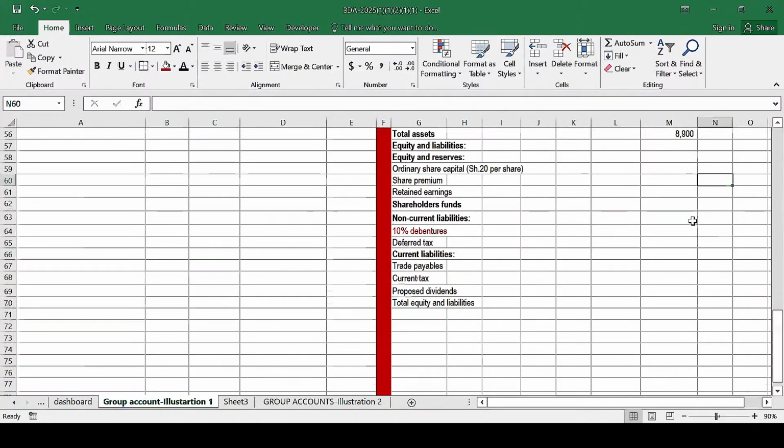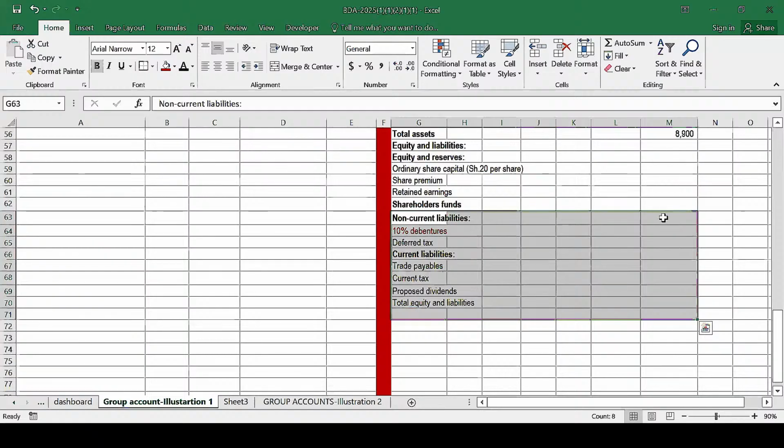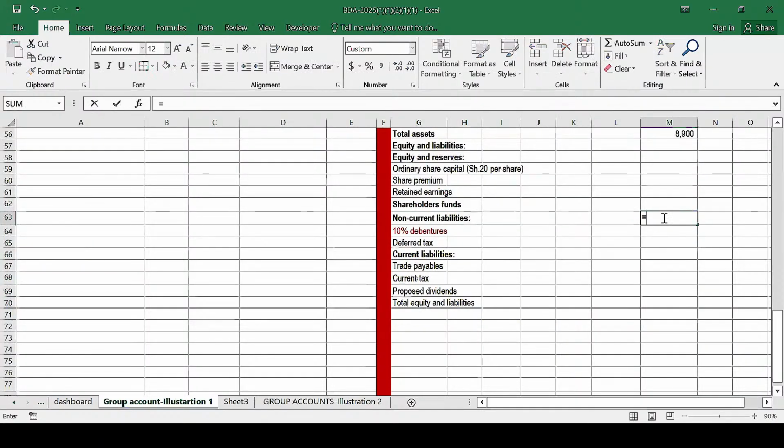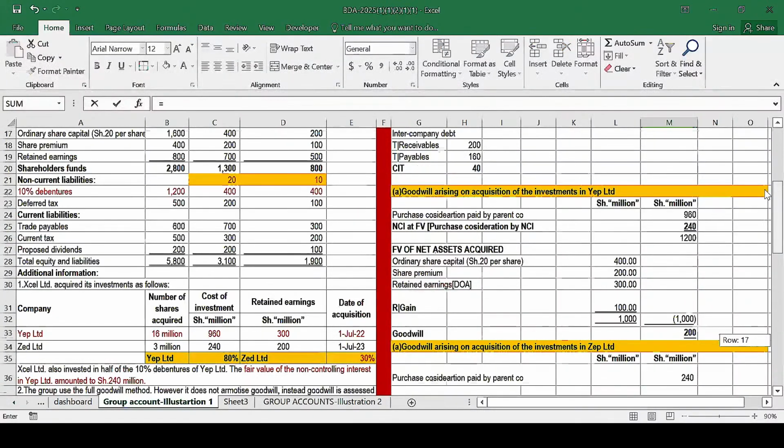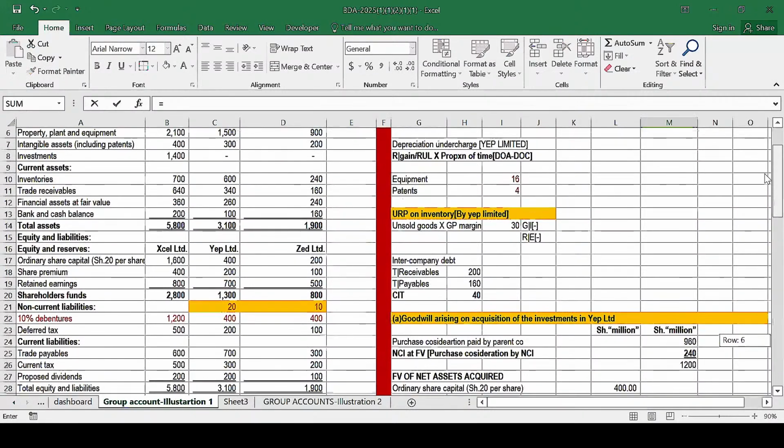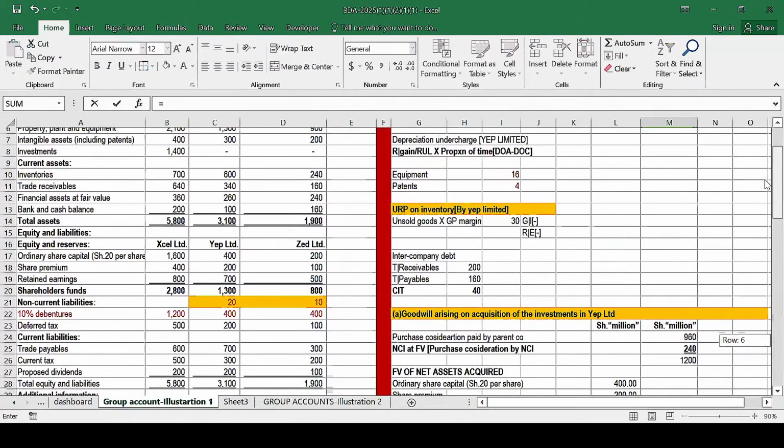Then we also need to do the same to the items of liabilities. We need to combine items of liabilities. Remember, we don't combine items of equity. So we will start from the 10% debentures. Where do we have those particular debentures?